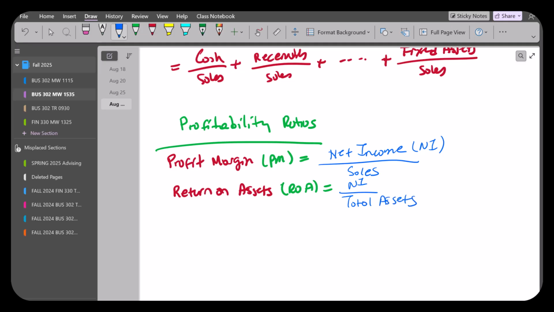Finally, return on equity, or ROE, net income divided by total equity.